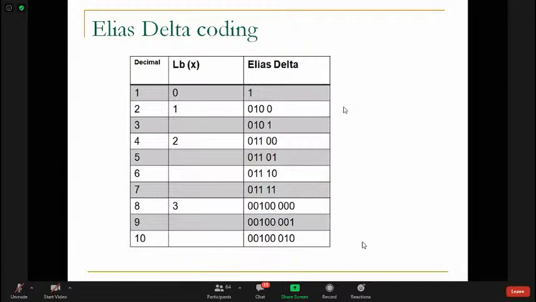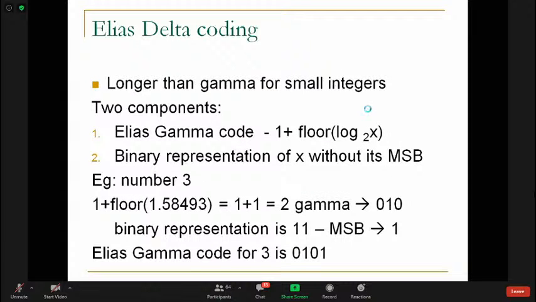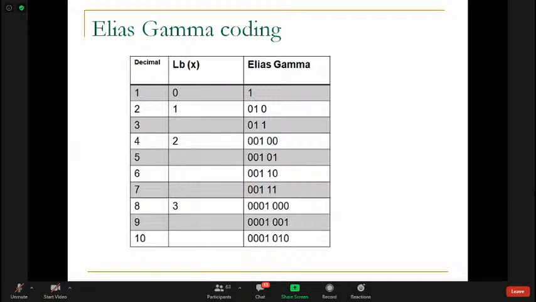Now I want you to look into the gamma table, what you have already taken. So right here, you see what is the gamma code for 9. Earlier we have taken unary code of 9, but now you will take gamma code of 9.